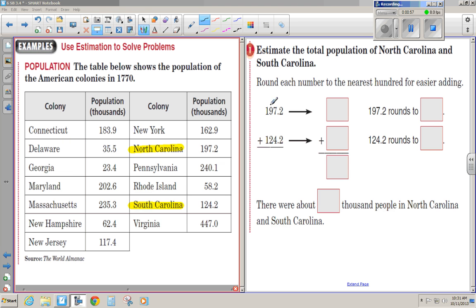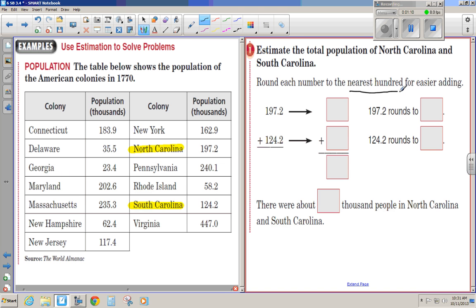Let's start with 197 and 2/10 of 1,000. So we're going to round this to the nearest hundred. You're looking at the 1 in the hundred spot, and the 9 makes the 1 go up.